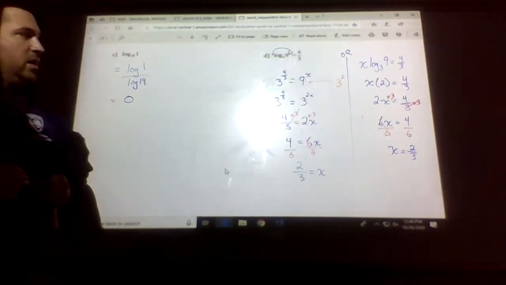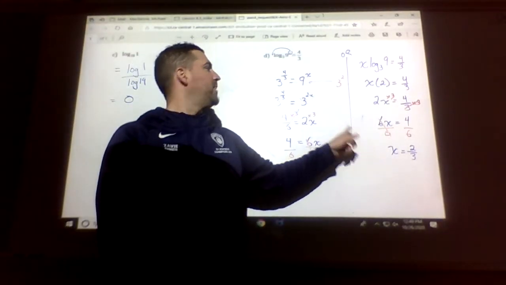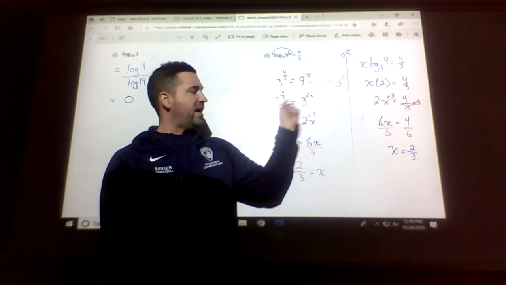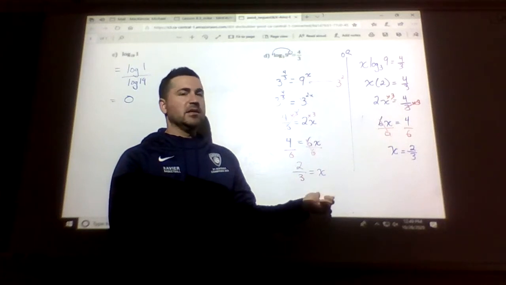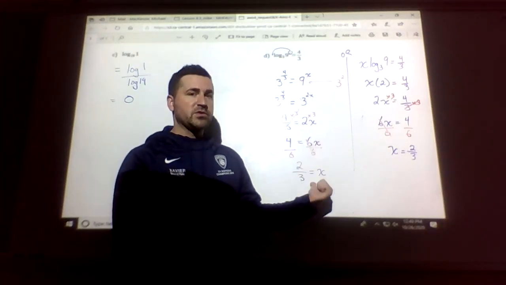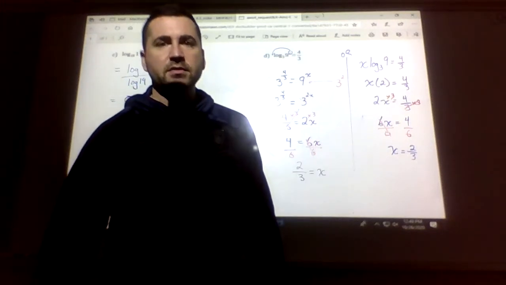Okay, this one's probably the easier method to use for this type of question, but when we get to some future sections, this one of having the same base ends up being more effective, or it might be the only option for some of the questions. Okay, so either is fine.